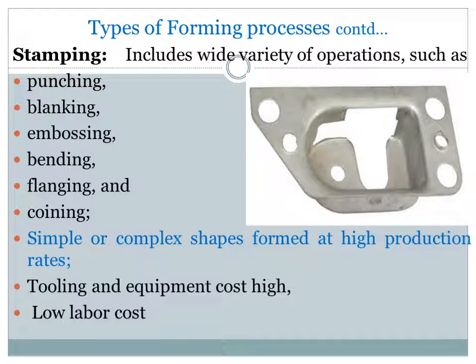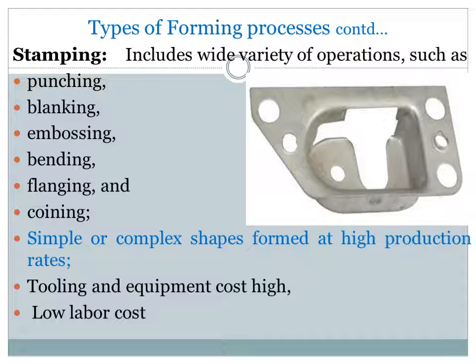Next is stamping. Stamping is not an exclusive process, but a wide variety of operations applied on a sheet metal part is generally called stamping. And this involves various cutting and forming operations such as punching, blanking, embossing, bending, flanging, and coining.